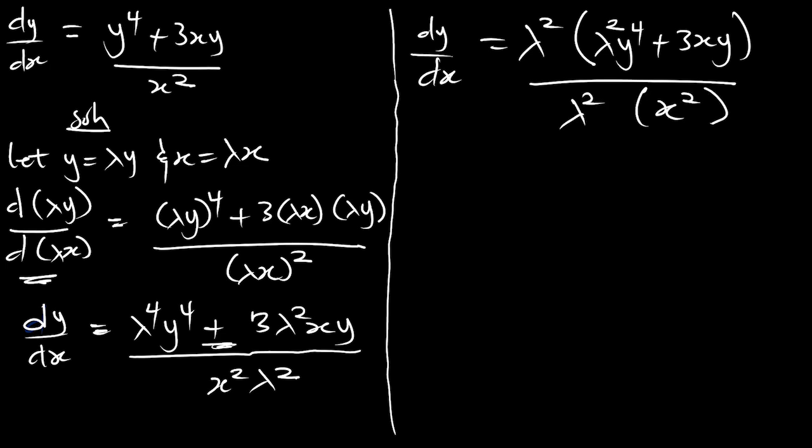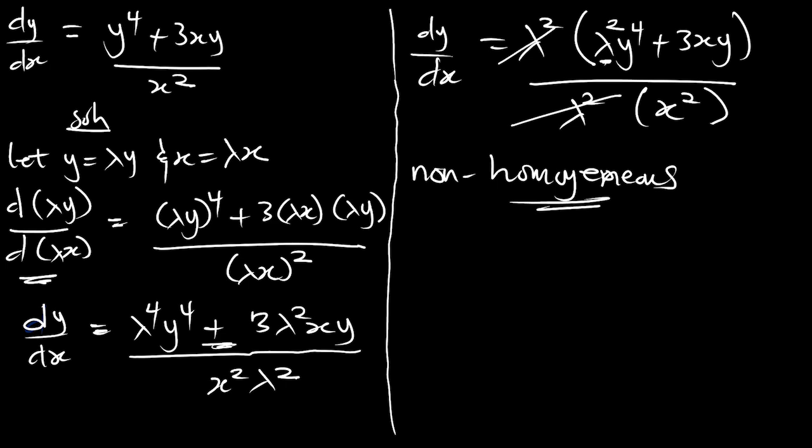So even if this cancels out this, we still have lambda square in the equation, which makes the equation non-homogeneous. Are we okay? So this equation is non-homogeneous. All right, so this is an approach to test for homogeneity. Are we good? This is an approach to test for homogeneity.